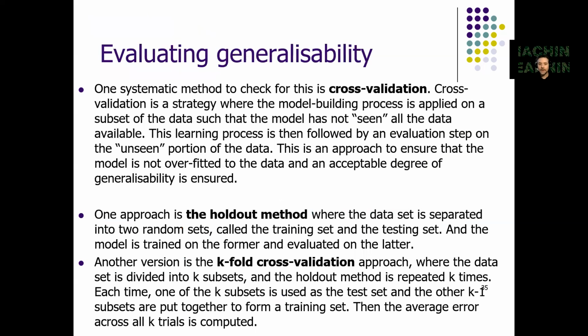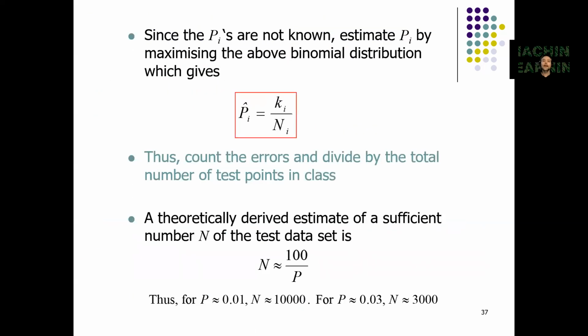So you would like to maximize this probability. And maximizing the binomial distribution gives you ki over ni. ki is the number of errors, and ni is the number of data points of this class. So you can count the number of errors divided by the total number of test points in the class.